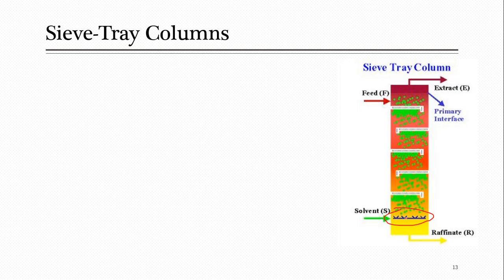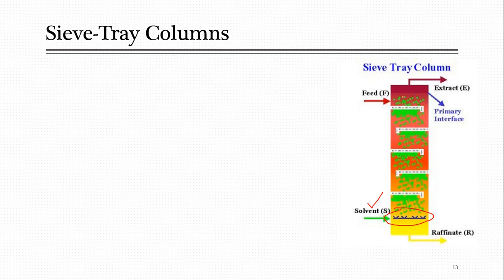What does this show? That this solvent is being introduced as a disperse phase, and the other feed will be coming here in the form of continuous phase. So continuous phase and disperse phase will come in contact with each other on the surface of these plates, in between these plates, and majorly on the surface of these plates, when there will be continuous phase liquid, and this will be coming in the form of droplets, so that they will come in contact with each other, and separation will take place.